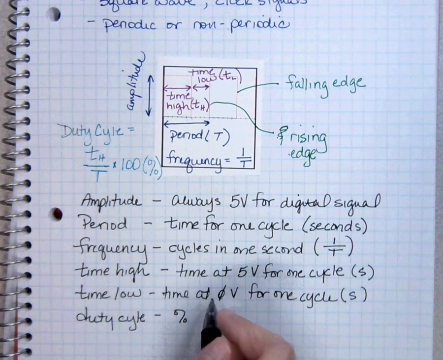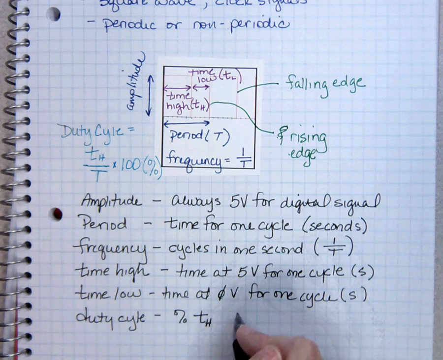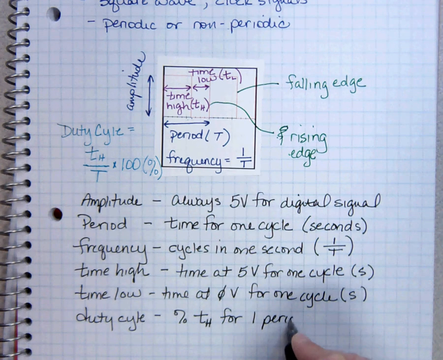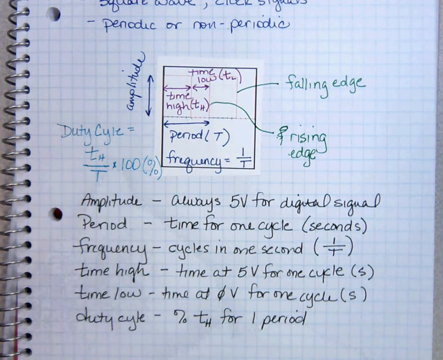So it's the percentage of time high for 1 period, which again is the equation that we wrote up here.